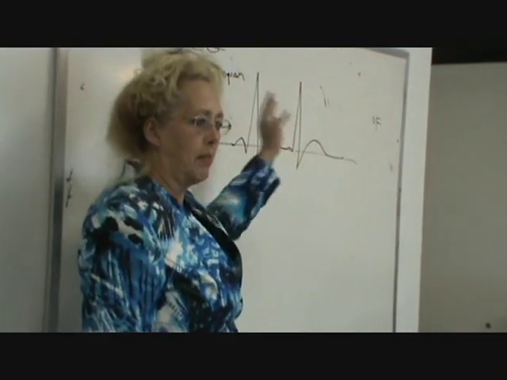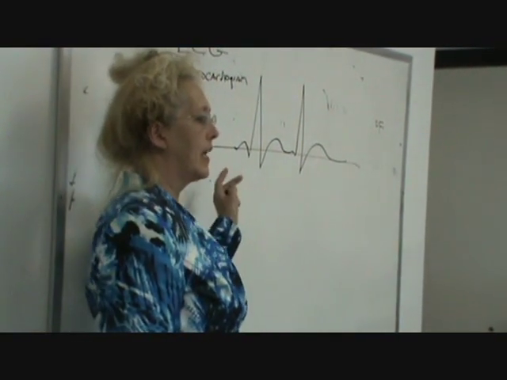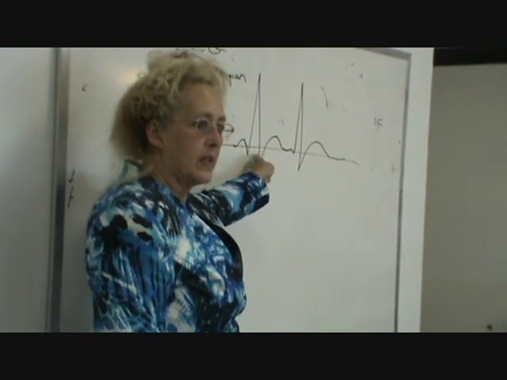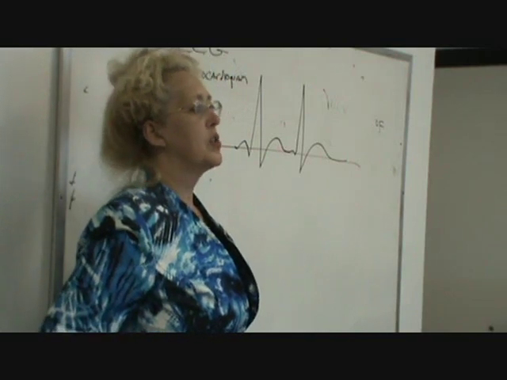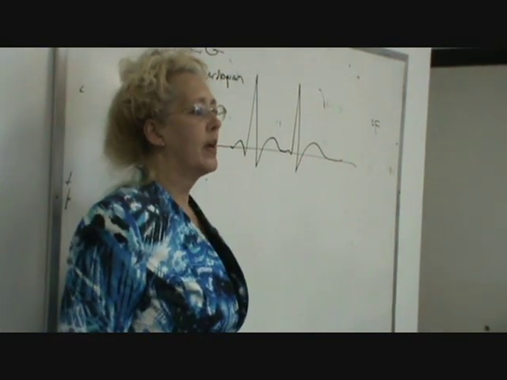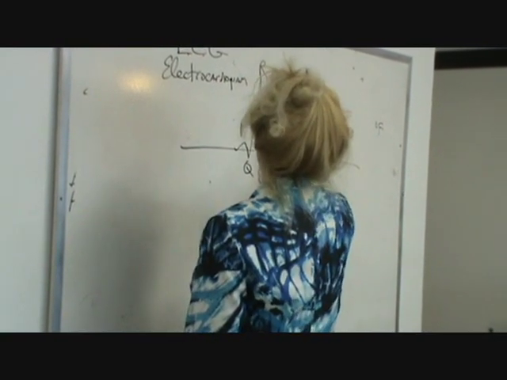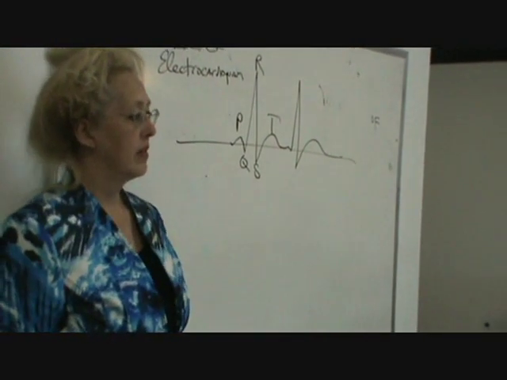This all means something. That electrical pathway that I just talked to you about actually translates into what this structure looks like. First thing I'm going to do is label all of the points that you need to know, such as our P, Q, R, S, and T. Those are our waves.